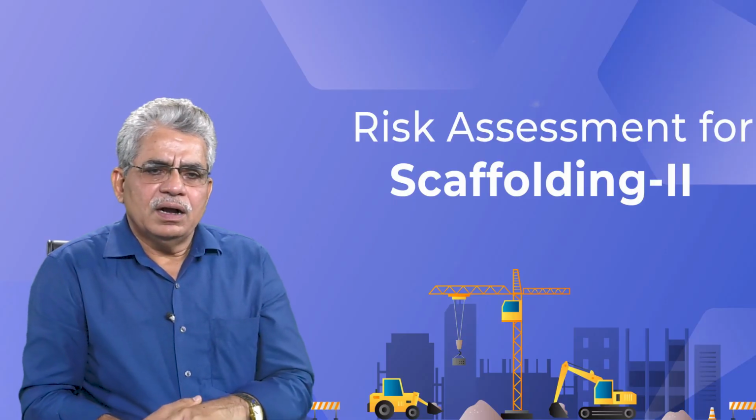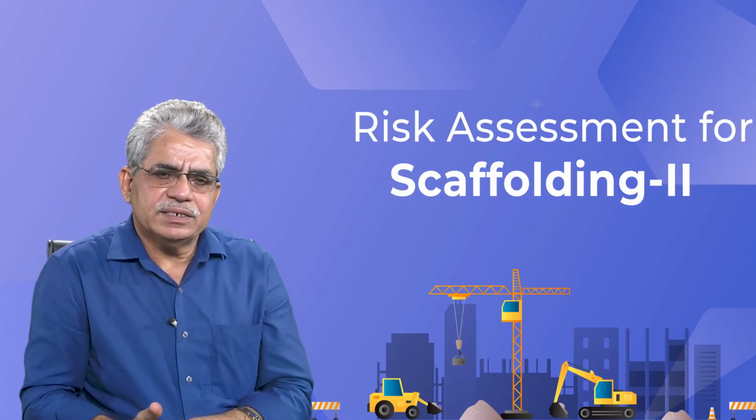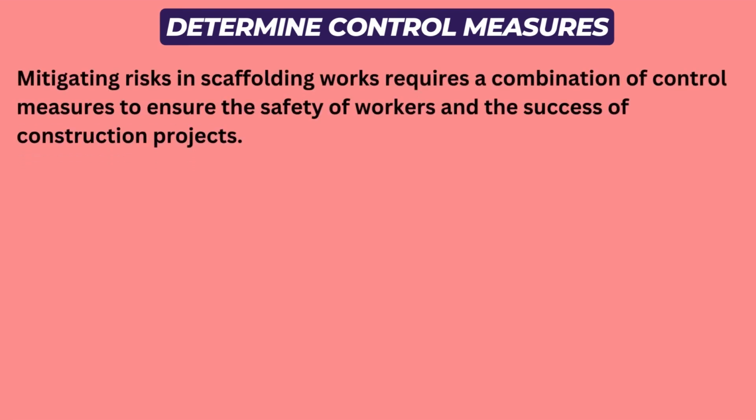Then, how do we determine the control measures? Mitigating risk in scaffolding works requires a combination of control measures to ensure the safety of workers and the success of construction projects.